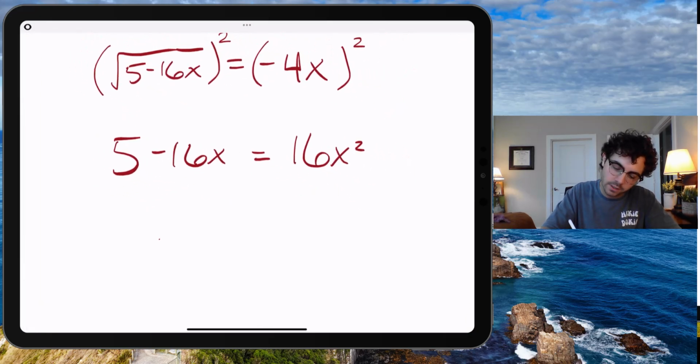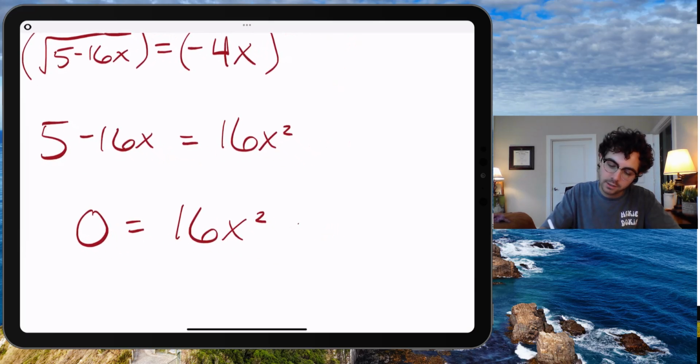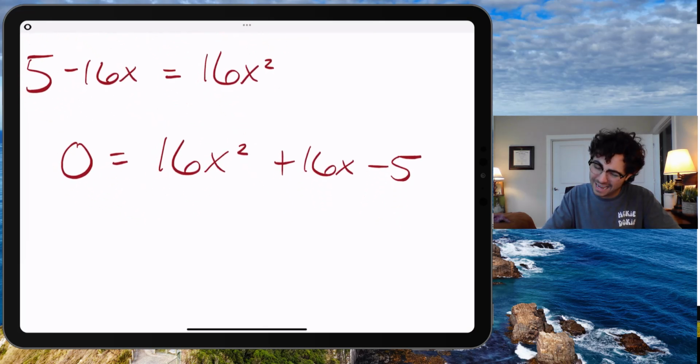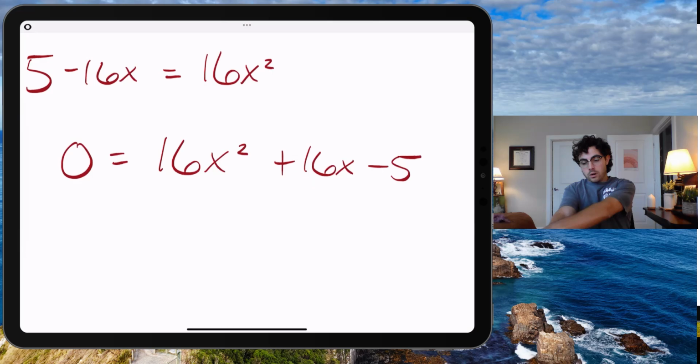When we have an x squared situation, I always recommend getting all the terms on the same side of the equation so it's equal to 0, because more times than not, if you have an x squared and an x and a constant, you're going to have to factor or use the quadratic formula or something to solve for x. So we added the 16x, subtracted the 5, and now we have to either factor or use the quadratic formula.